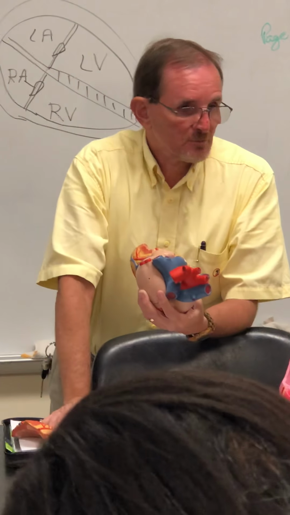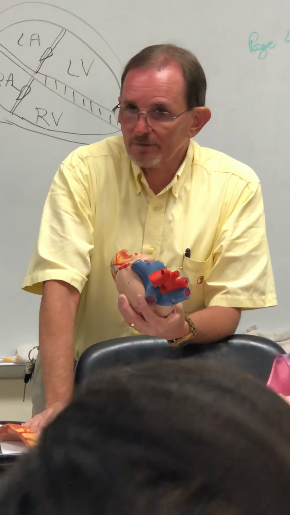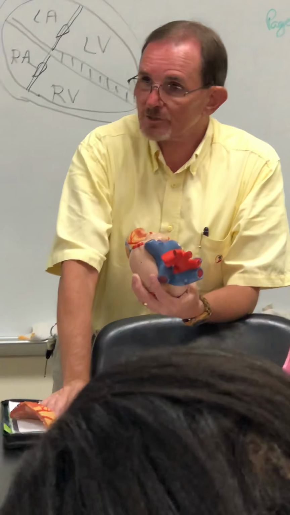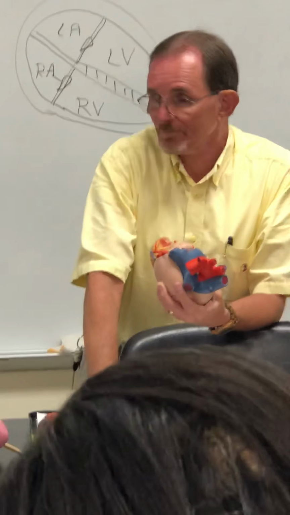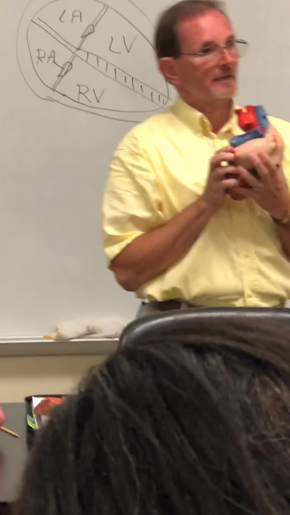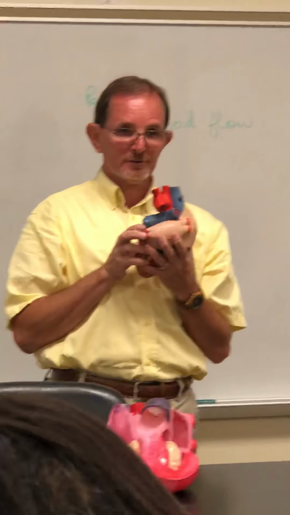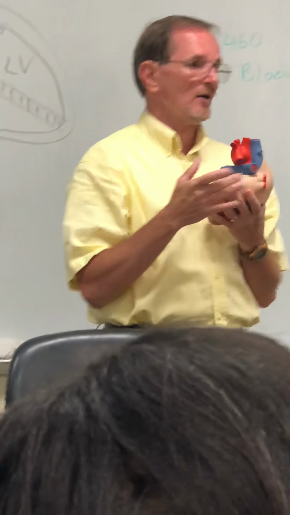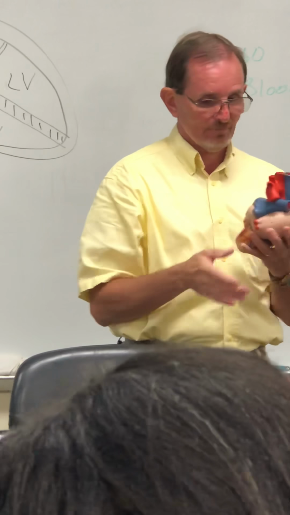Anything that comes to the heart is a vein, anything that leaves the heart is an artery, okay? That's how we define it. These are red because they're carrying oxygen-rich blood back from the lungs. So these are actually pulmonary veins.